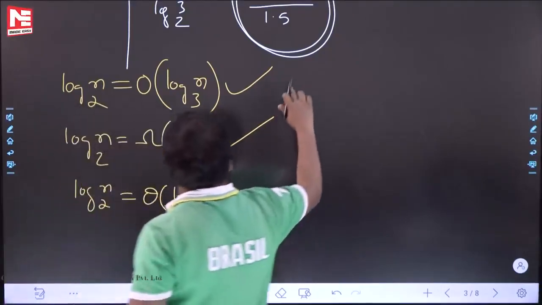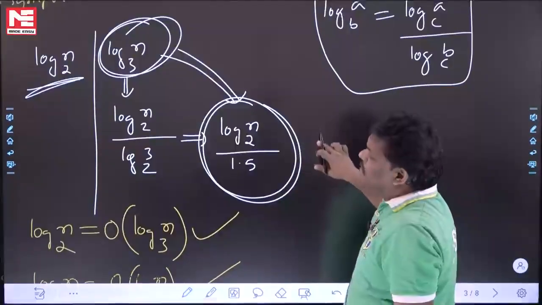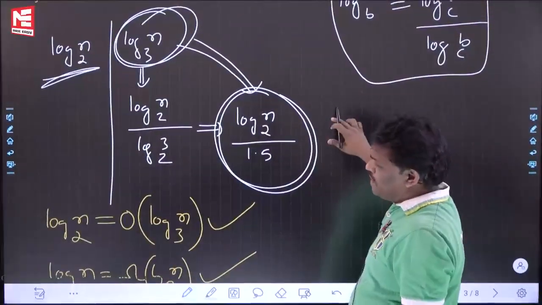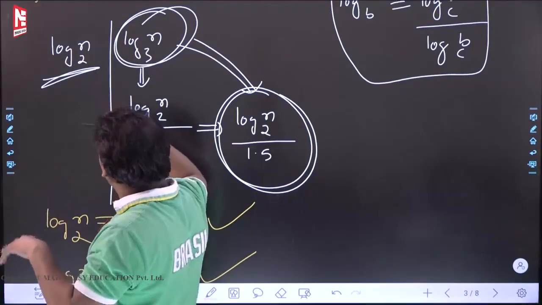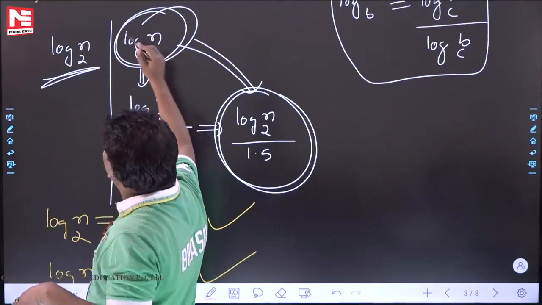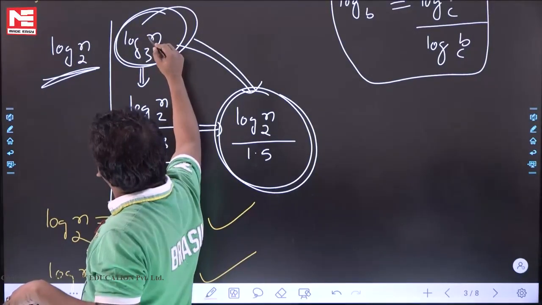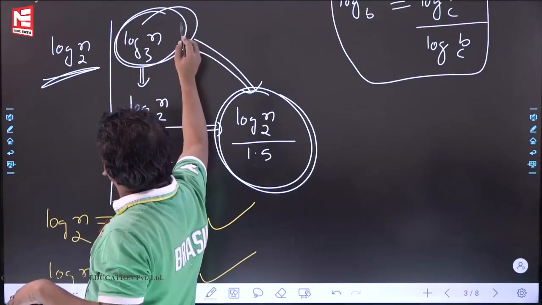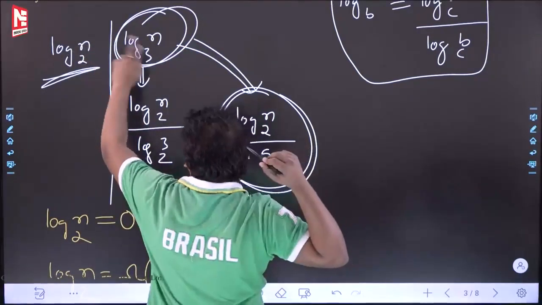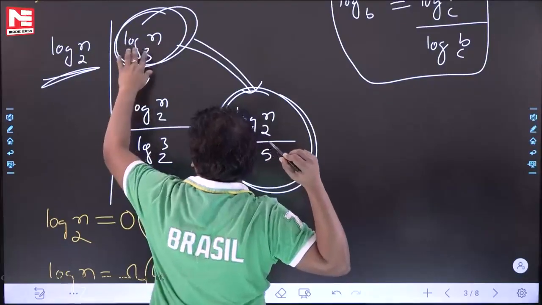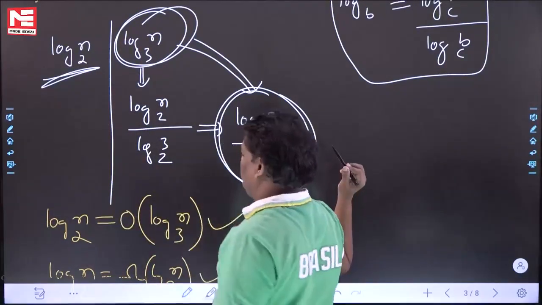What is the relation between log n base 2 and log n base 3? Both are asymptotically equal. Mathematically, this one is smaller and this one is bigger, smaller by 1.5 times. If I multiply by 1.5, then both are equal. The difference between both is a constant factor only, so asymptotically equal.